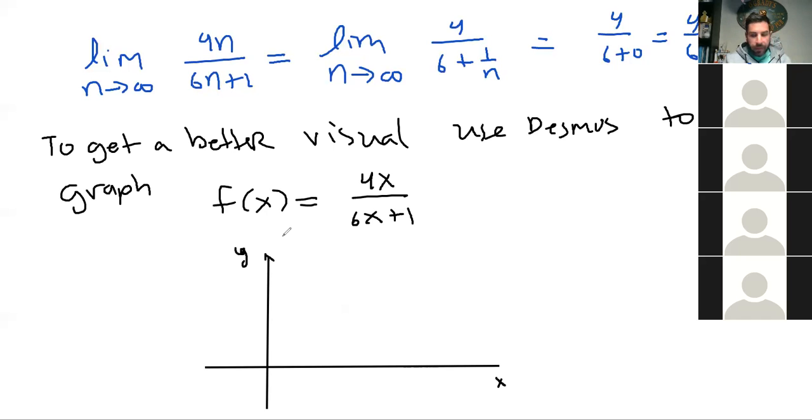Well, we know it has a vertical asymptote. But if I want to look at what this graph looks like, it's going to come up the following way. When I plug in 0, I get 0. So this guy is going to look like this.